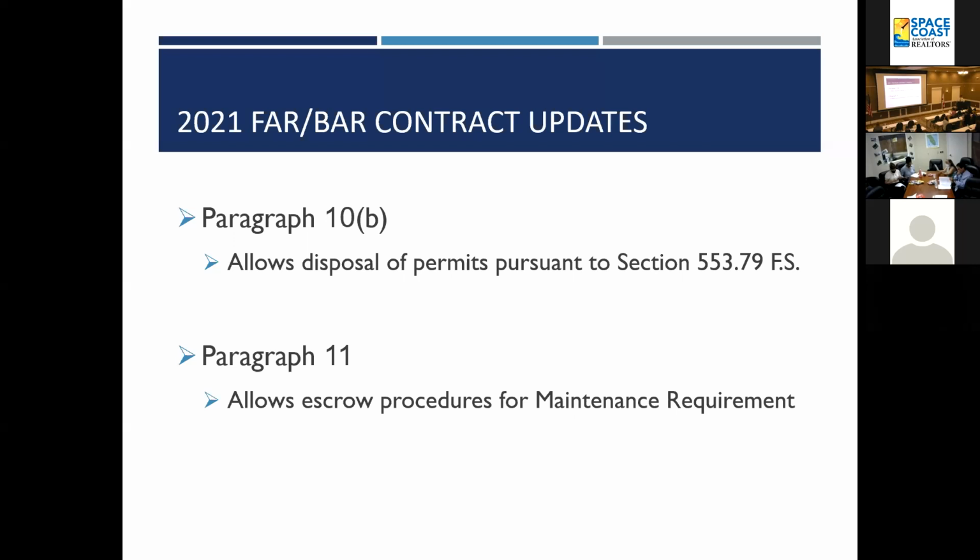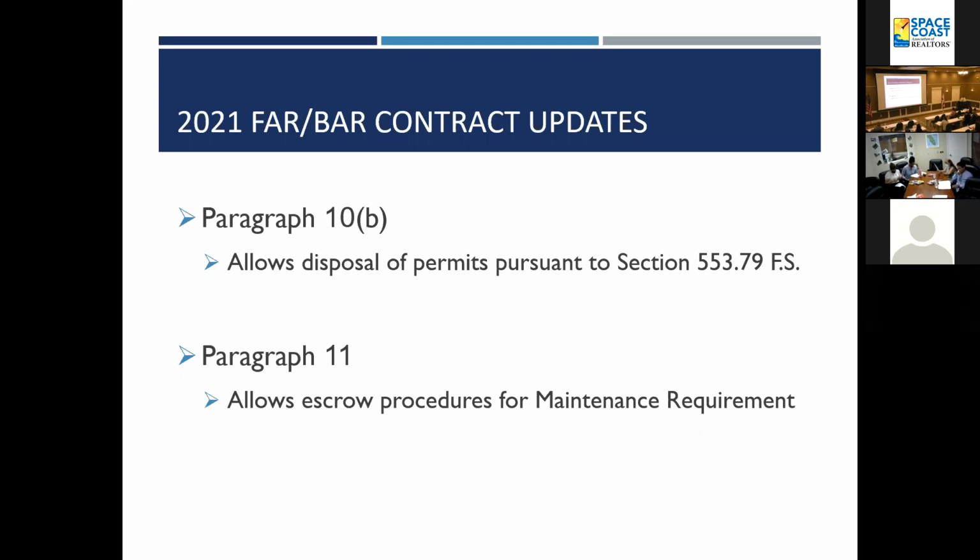And then paragraph 11, this is not a change, but if you were to refer back to paragraph 9A, we talked about the seller's expenses that are hard coded in paragraph 9A. Starting on line 170, actually, I'm looking at the red line version, so it's actually 142 on the non-red line version.